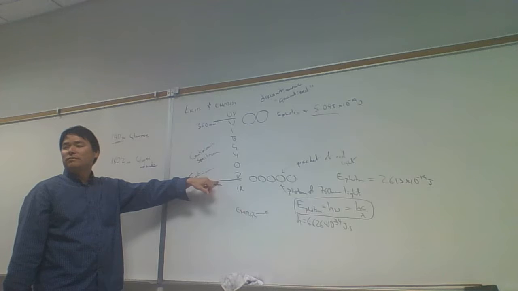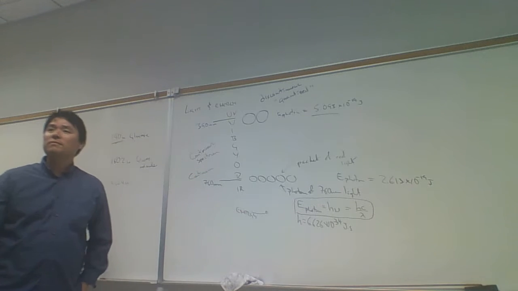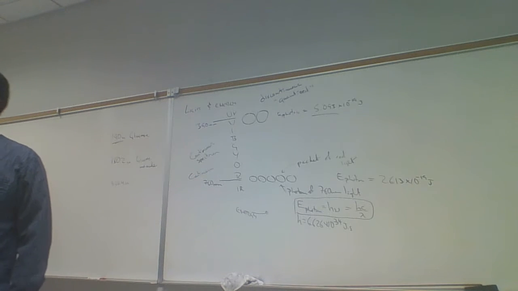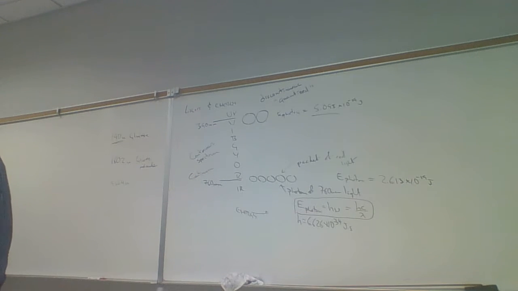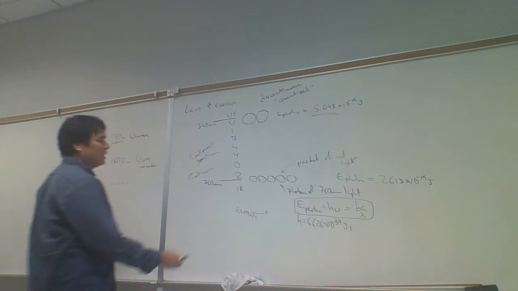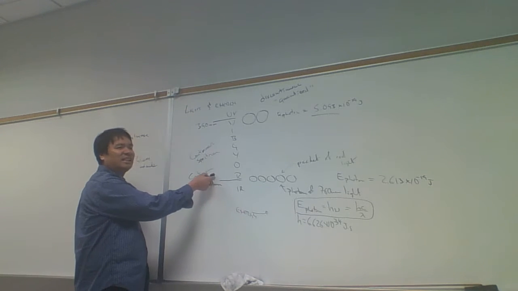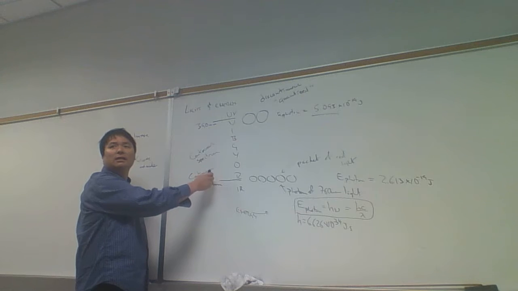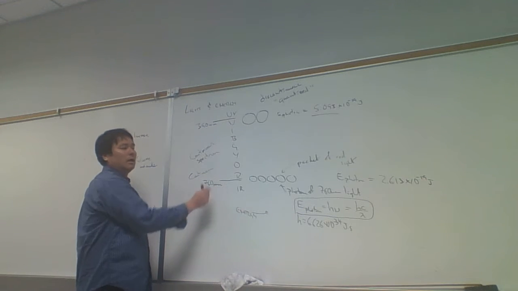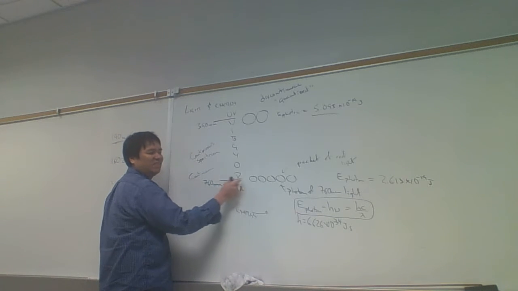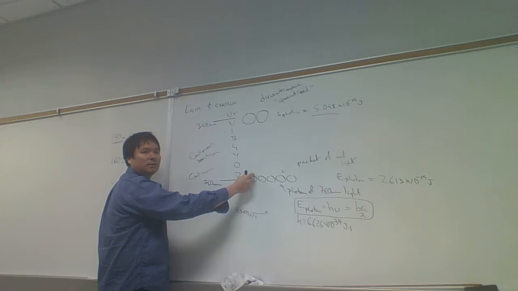If I went to 759.9, is that okay? Yeah. What if I went to 759.99? Is that okay? Yeah. In fact, I could go to anything, 759.99999 nanometers, and all that's going to happen is the packet of energy gets a little bit bigger.